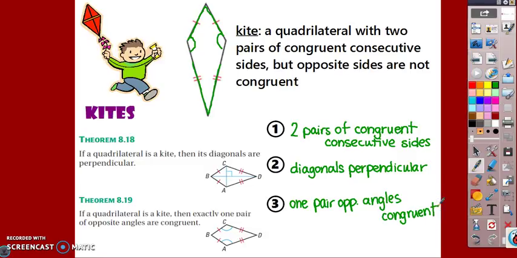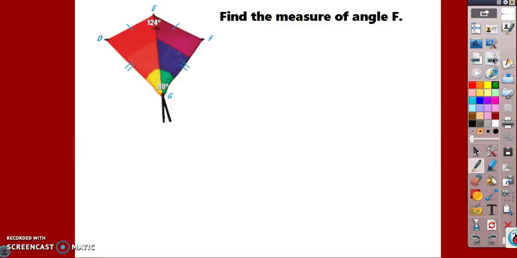Awesome. Let's see if I have time for one little example. Find the measure of angle F. I feel like if I knew angle F, then I'd know angle D, or vice versa. Could we figure out both of those? Do you know what all 4 angles have to add up to? If we took D and F, and the 124 and the 80, what do all 4 angles in a quadrilateral add up to?